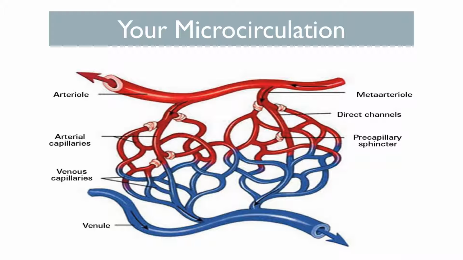Once your blood has squeezed through that capillary network and the good stuff has been deposited into the glands, organs, and tissues, and the bad stuff has been transferred back into the blood system so that it can get rid of or recycled, then the blood goes through the venous capillaries, through the venules, back to the veins, so it can be recycled and cleaned again through your liver.